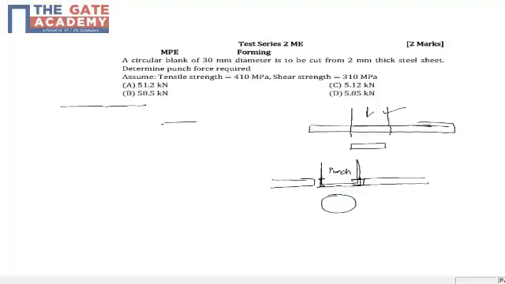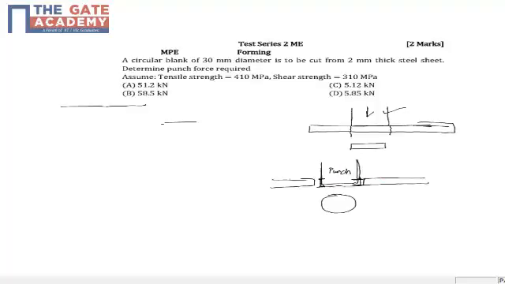Basically this portion of the punch throughout the circumference and for the depth of thickness, this area will experience resisting force by this metal, because it's trying to shear off.